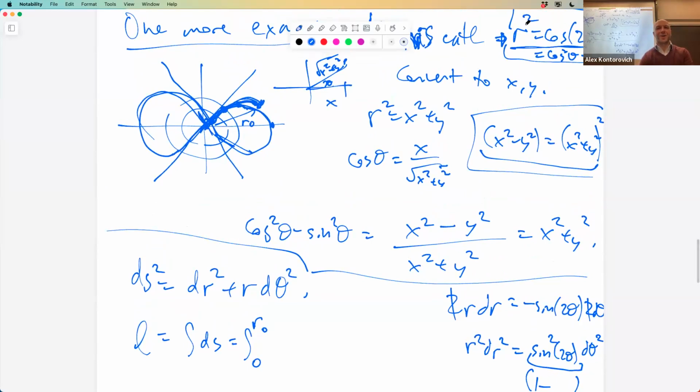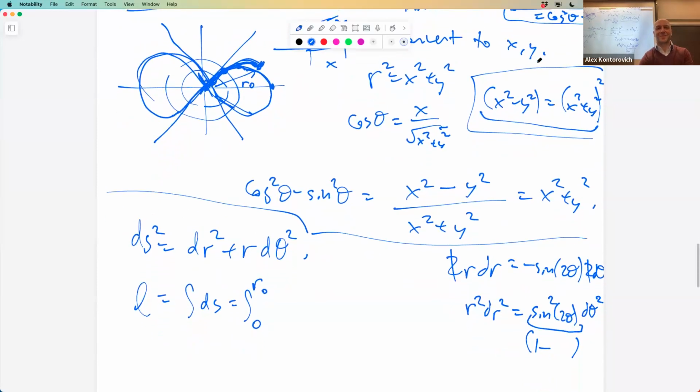Well, cosine is r squared, so cosine squared is... perfect. Yeah, they're both of 2 theta. So if we solve for d theta squared and plug that in over here, we should get something reasonable.